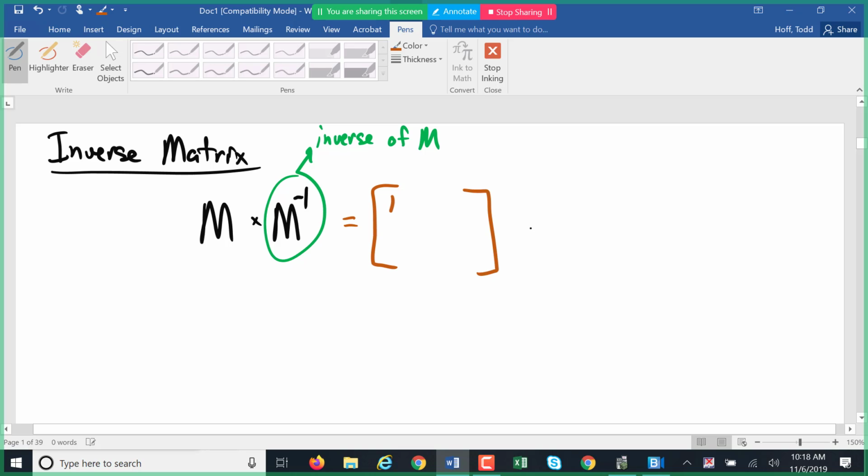So 1, 0, 0, 0, that diagonal matrix of the appropriate size.